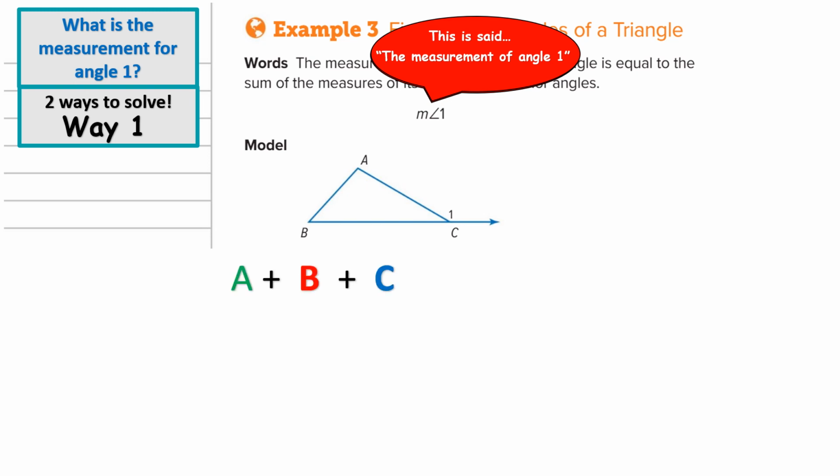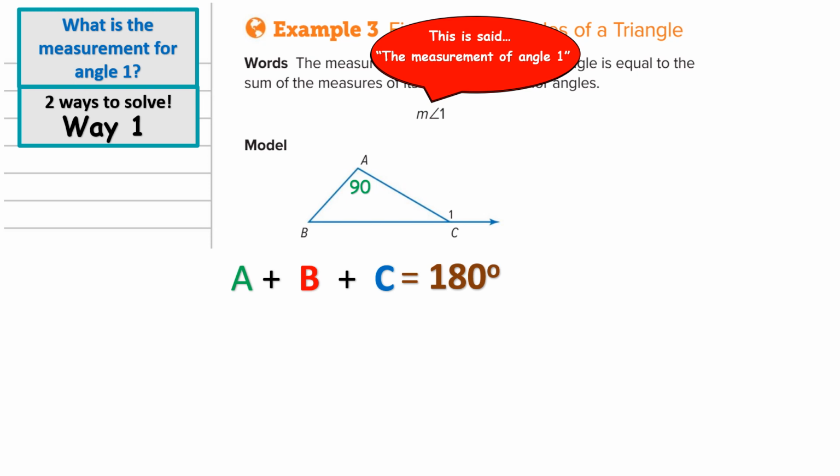As I look at this particular triangle, I see that extension, and now I have not only letters for my angles, but I also have this other outside angle known as angle 1. Well, once again, if I look at the angles of a triangle, I add them together, it has to be equal to 180 degrees.